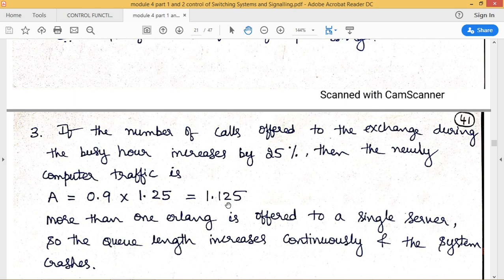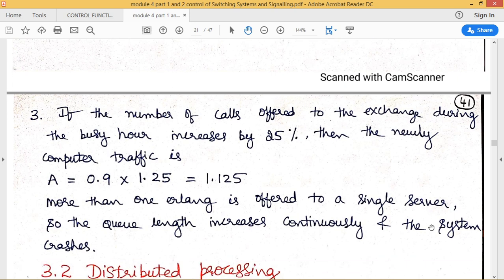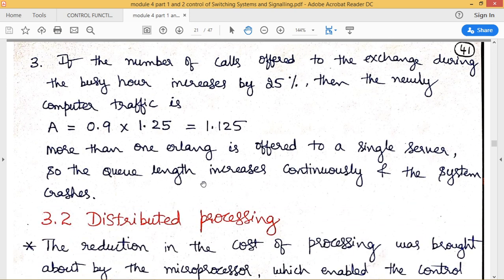In such a case, the offered traffic A for a particular server or processor should always be less than 1. Since it is greater than 1, it is clear that more than 1 Erlang is offered to a single server, so the queue length increases continuously and the system is going to crash.